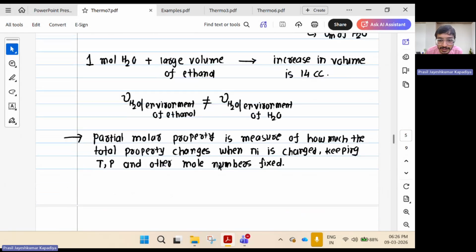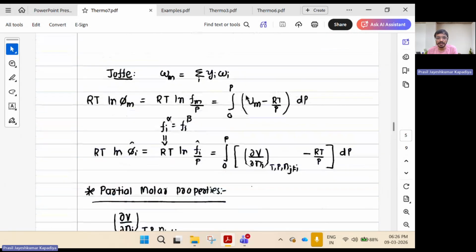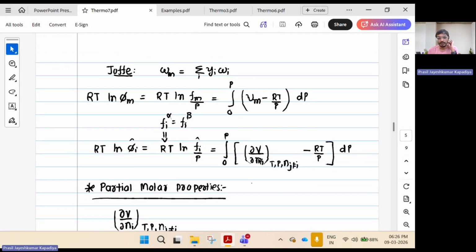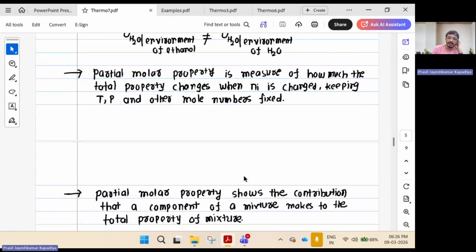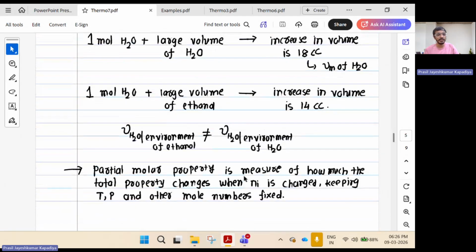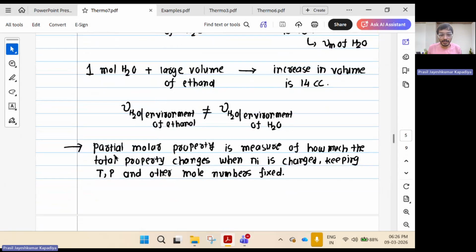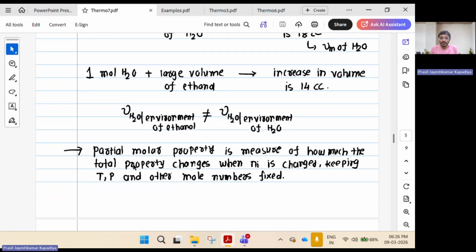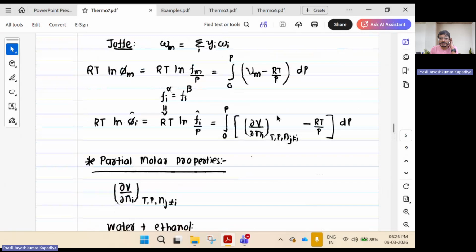So this is what the issue is when we want to find fugacity or fugacity coefficient: we have to deal with this partial molar volume. That is the answer to that question, how to deal with it. So what is a partial molar property? This is called a partial molar property: how much my volume is changing by adding a particular mole. So that is dV by dNi, keeping temperature, pressure, and Nj, j not equal to i, meaning the other components' concentrations, constant.